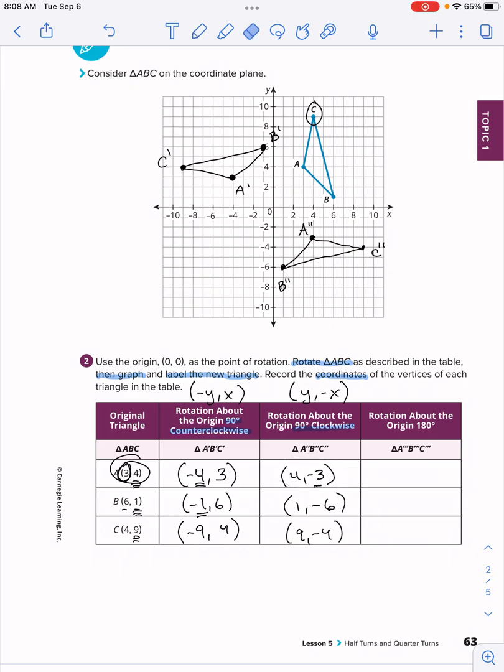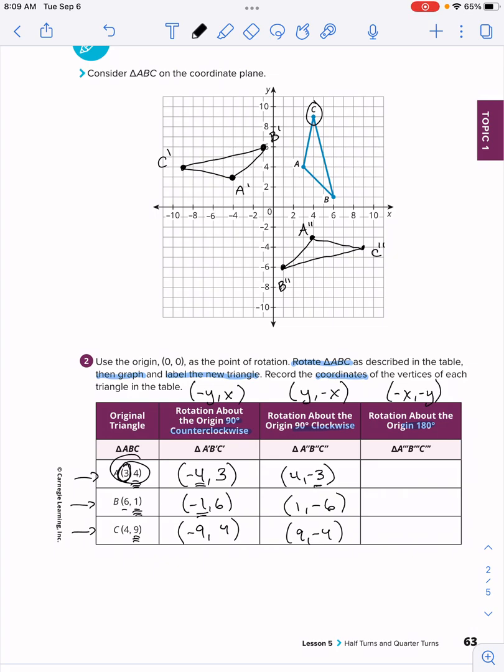Let's go and get to the last one, which is rotating 180 degrees, and that is either direction. Okay, so for this, to refamiliarize ourselves, this is the opposite of X and the opposite of Y, no switching happening. So you could just look at these points here and just apply the opposite and then graph it, but we're gonna graph it first.